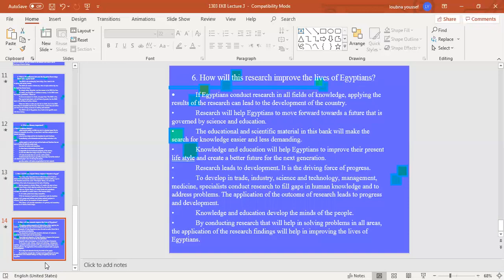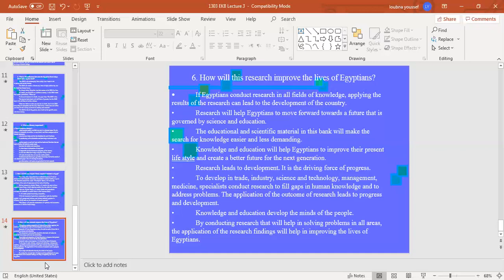Research leads to development, as point number 5 says. Development is the driving force of progress. So research leads to progress.